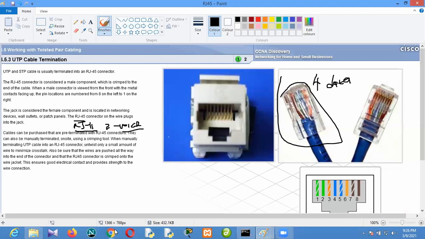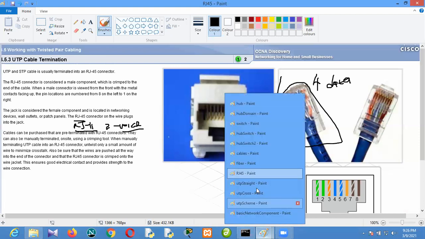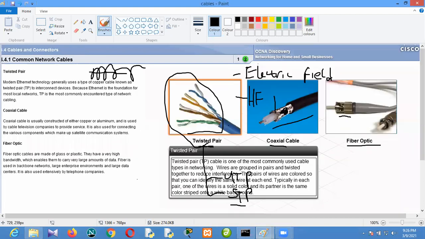Now, knowing what the terminator is, and also seeing the cables, I said there are 4 pairs. This is blue, this is orange, this is brown, and this is green.